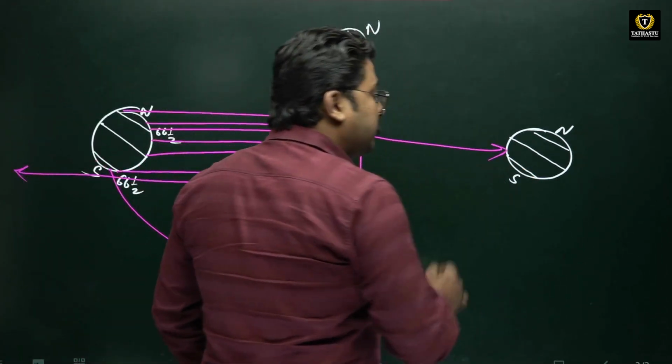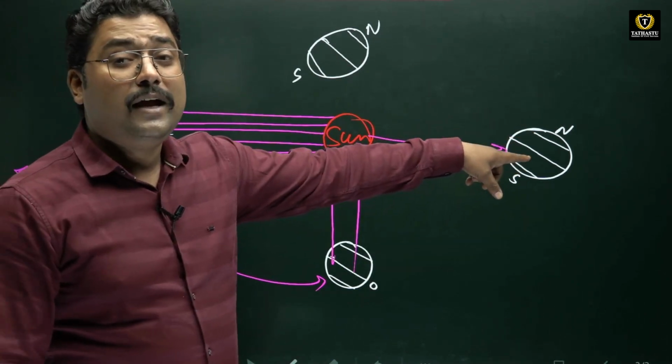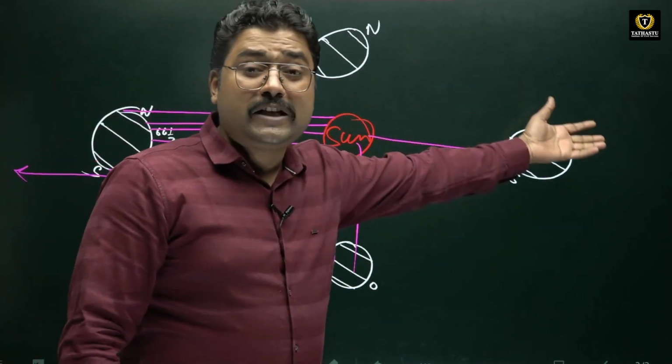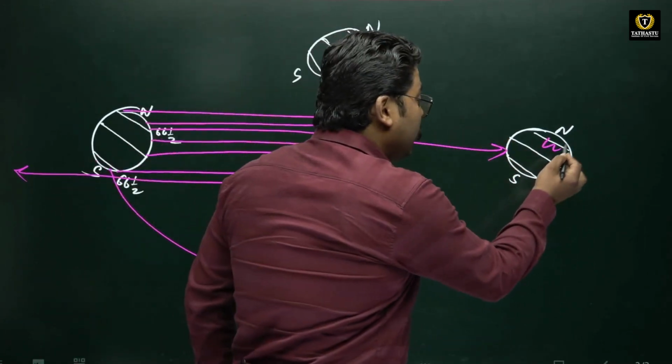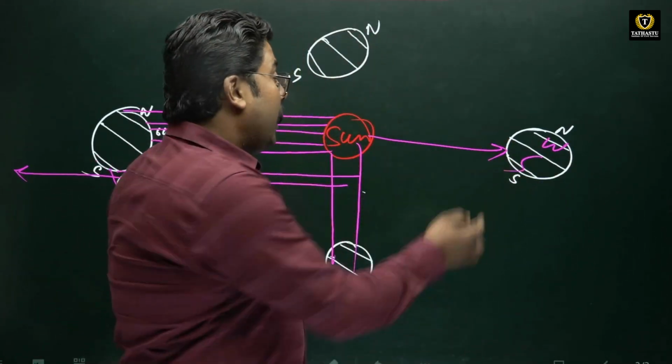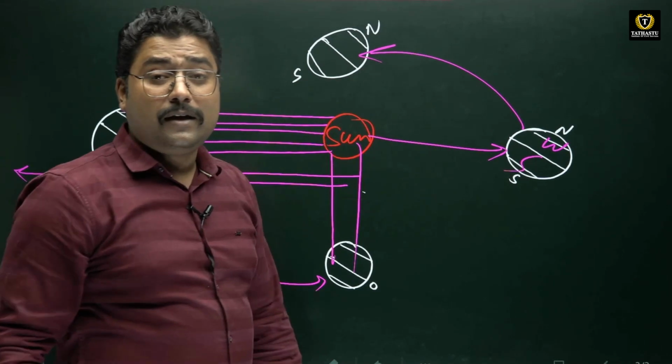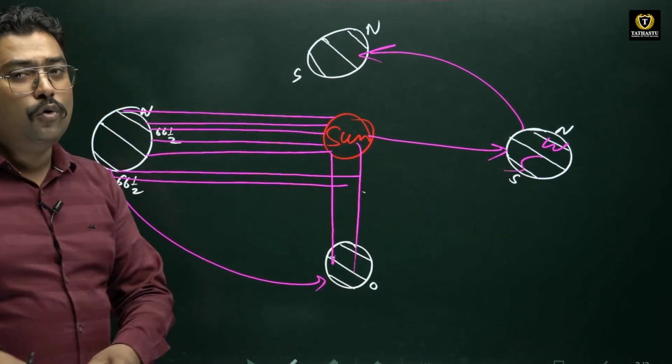Again the south will experience a longer day and shorter night, north will experience a shorter day, longer night. So winter in north, summer in south. Again the earth will come here, neither too hot nor too cold.